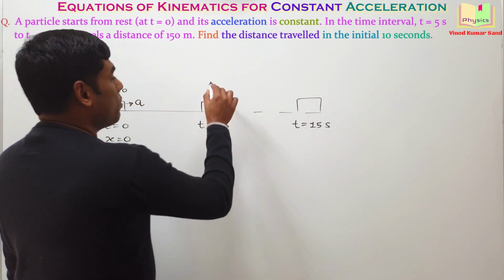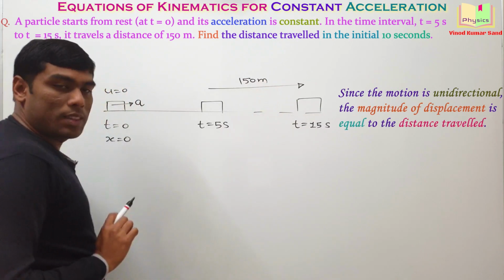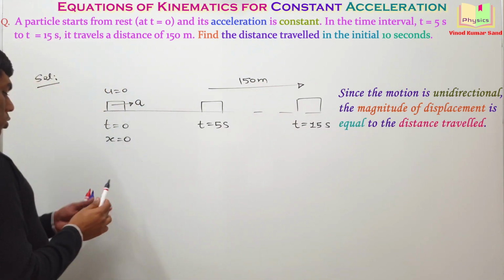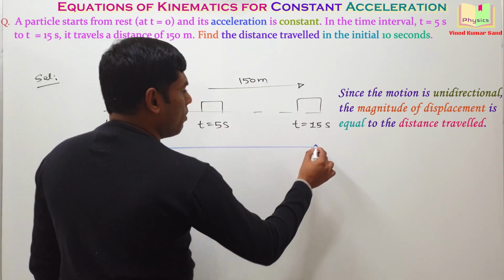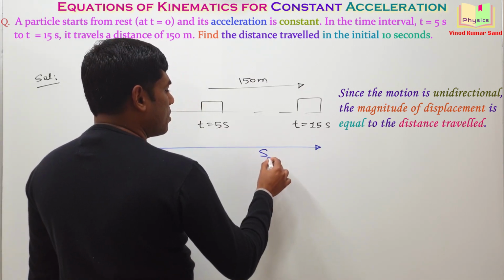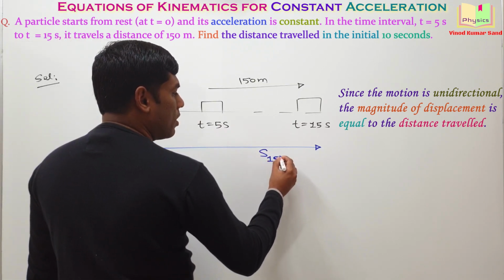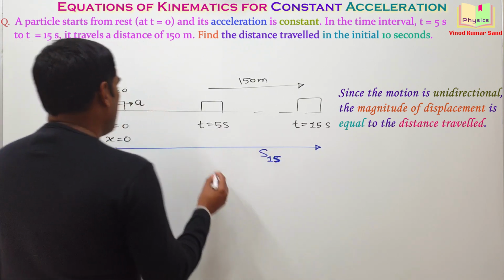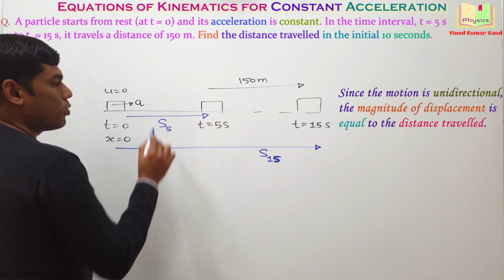From 5 second to 15 second, it travels a distance of 150 meter. That's given in the question. So what we can do, from t equal to 0 to t equal to 15 second, this distance I am writing as S15, okay. And then from 0 to 5 second, this I am writing as S5.